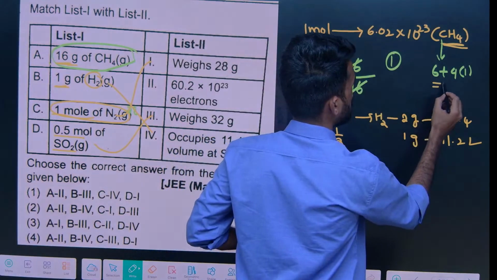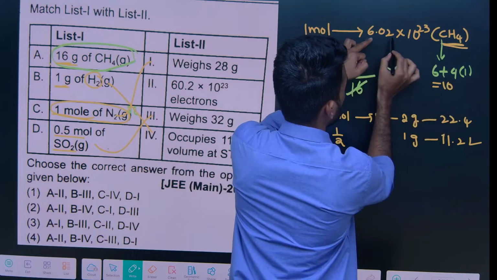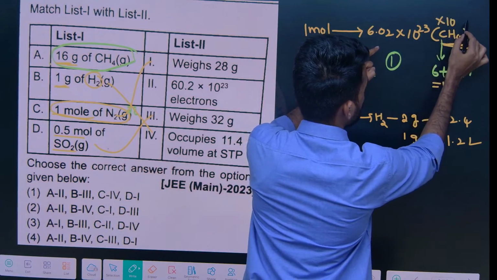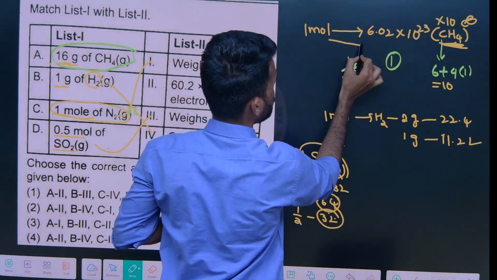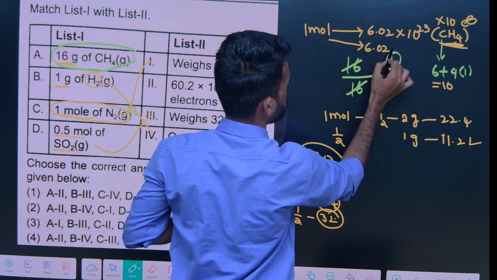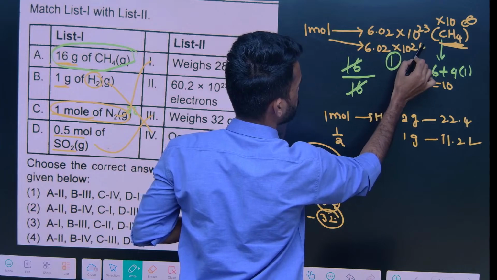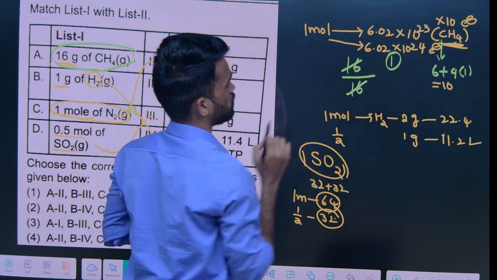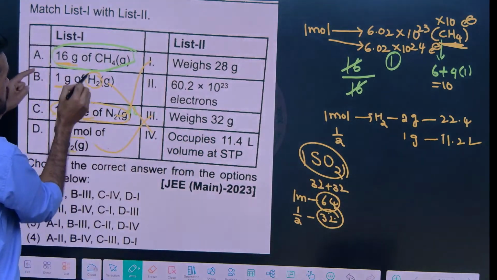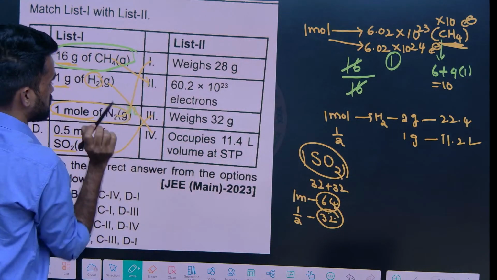So total 10 electrons. It means Avogadro number into 10 electrons, because in one methane molecule we have 10 electrons. So 1 mole of methane contains 6.02 into 10 power 24 electrons, or you can say 60.2 into 10 power 23 electrons. For A it is 2, that's it, we got everything.